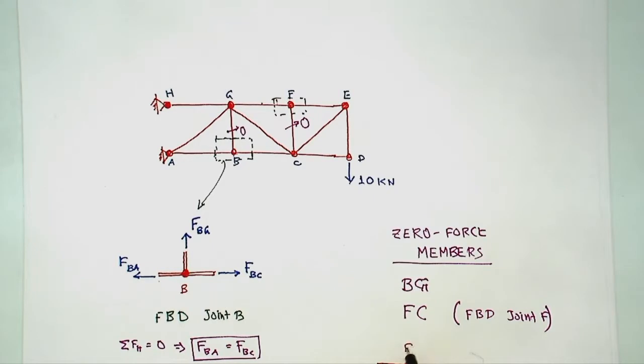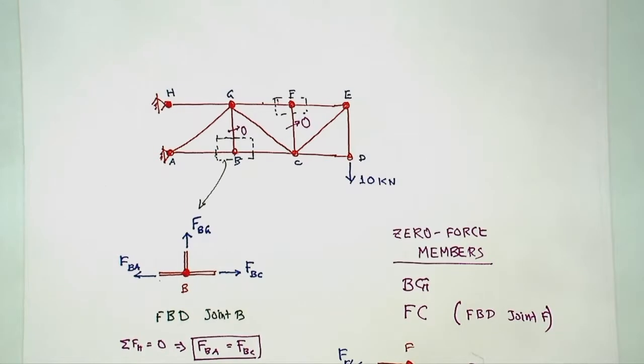This is point F, okay? So what are the forces that would be? So you will have forces in point F in member FE, forces in member FG, and forces in member FC. Now summation of horizontal forces equal to 0 will give you F_FG is equal to F_FE.